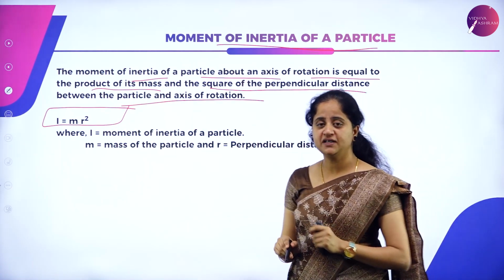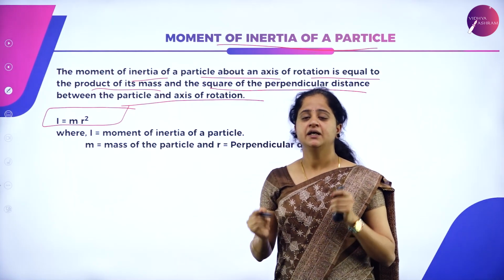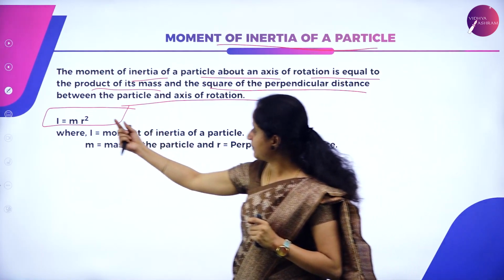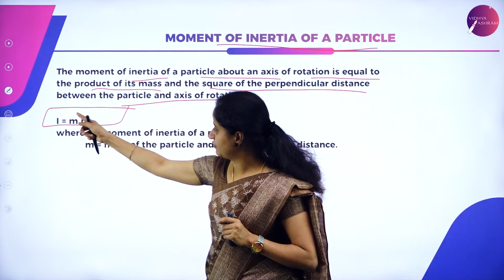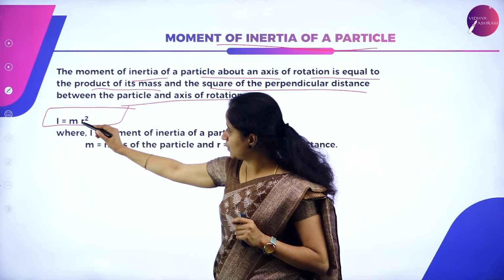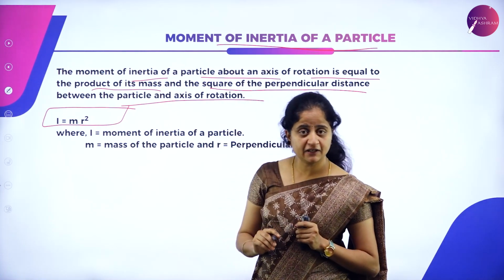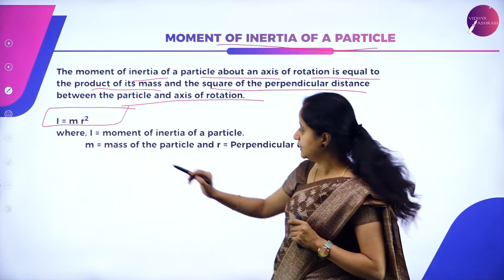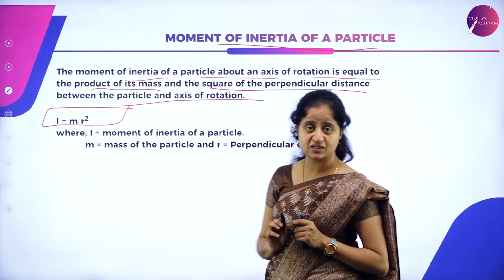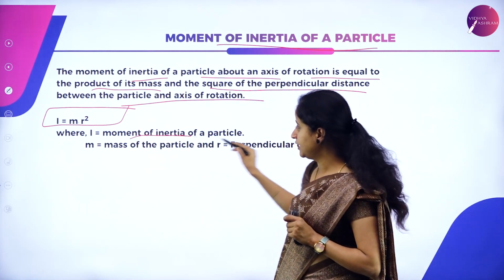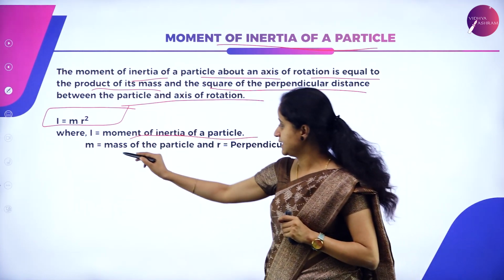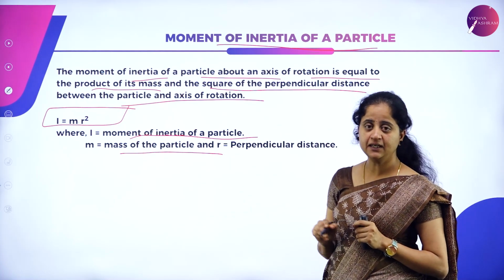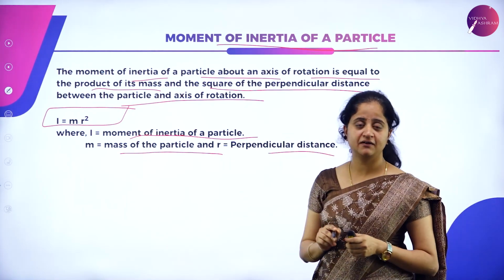So if any body is having moment of inertia, it can be defined as the product of the mass of the body and the square of the perpendicular distance between the particle and the axis of rotation, that is I is equal to mr square. What is I there? Moment of inertia of a particle. What is m? It's the mass of the particle, and r is nothing but the perpendicular distance.